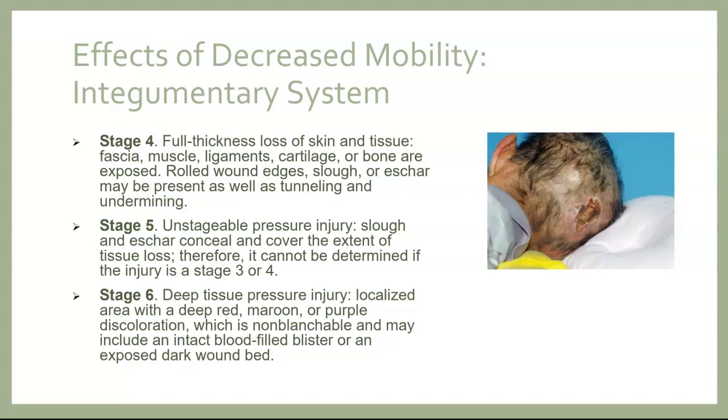Anything that has prolonged pressure reduces circulation to that area. So then what's going to happen is the tissue is going to start to die. So this is something that we have to watch for really closely and make sure that we're turning our patients and that we are using pillows and other devices to prevent these ulcers from happening.